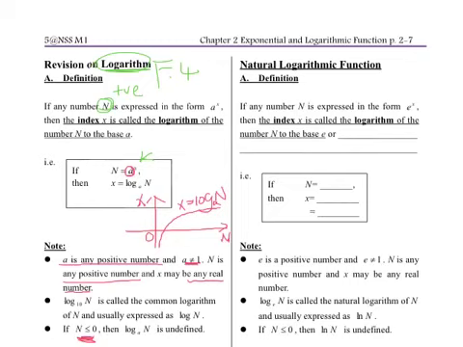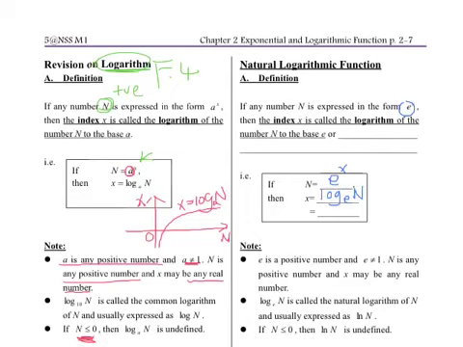Now, we look at the right-hand side, the natural logarithmic function. Remember here e. We have learned that e, what is the value of e? It really is a positive number, and e does not equal 1. So e can be one of the possible values of a.